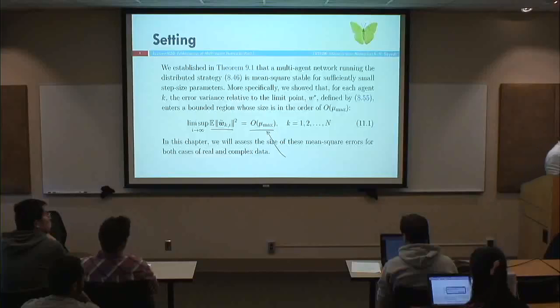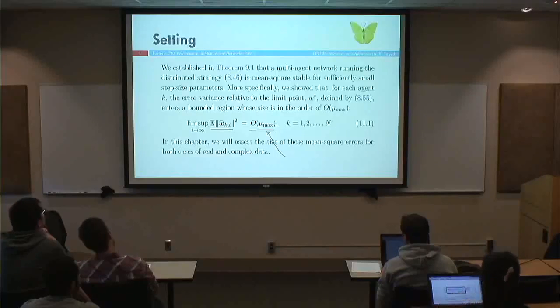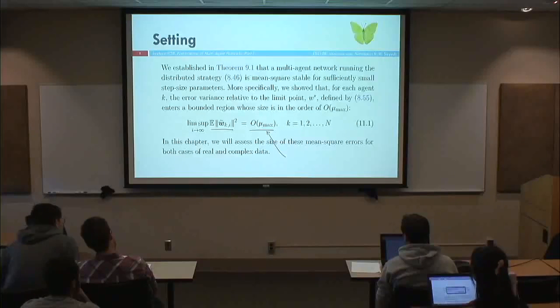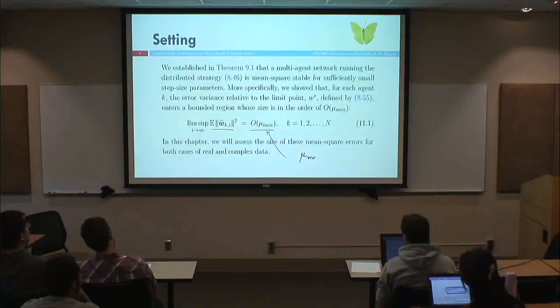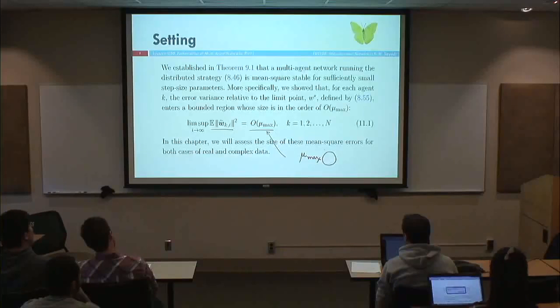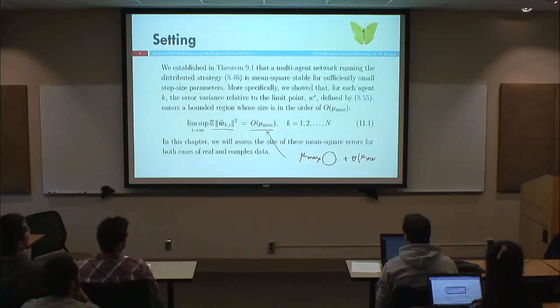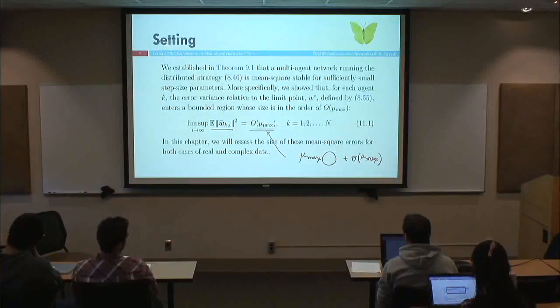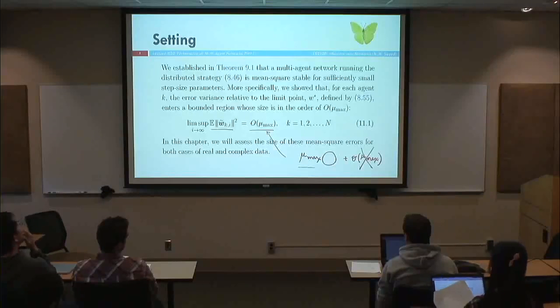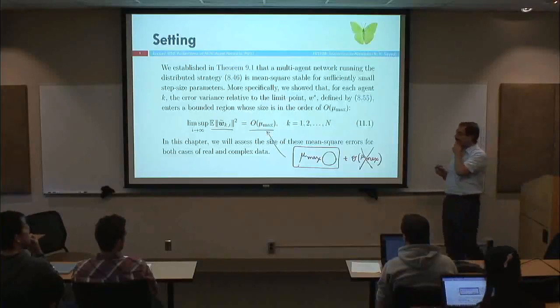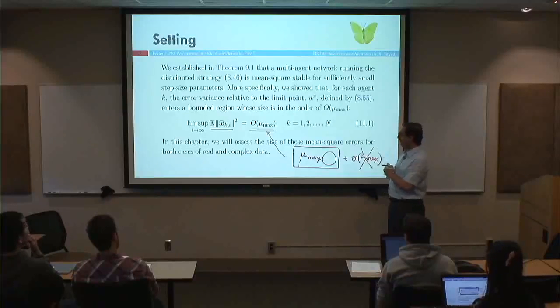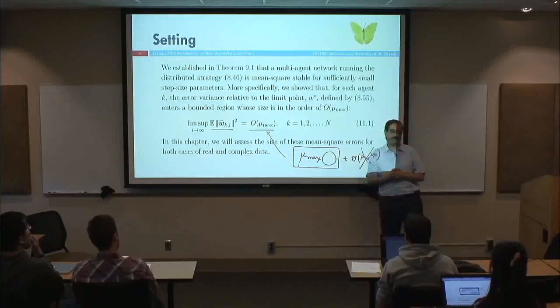So we are going to derive an expression for the mean square error that will look something like this: mu max times something, plus higher order terms. This is little o, so higher order powers of mu. If the step size is very small, this term will be negligible, and we end up having that the term we are going to find will determine how well my network performs under small step size conditions.